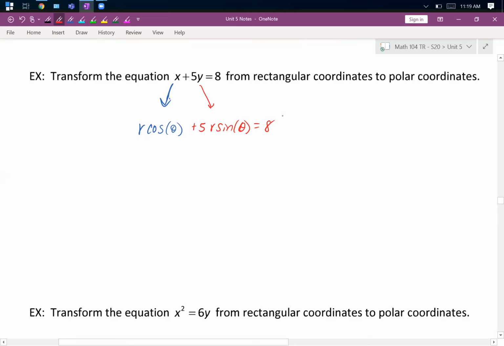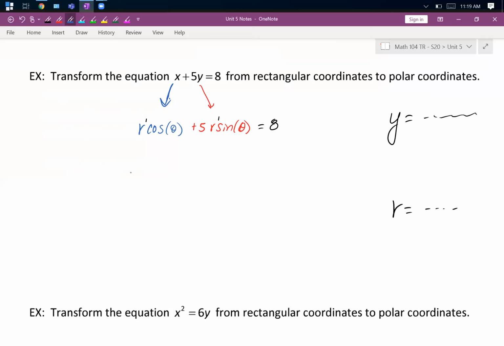And now we've gone from rectangular coordinates to polar coordinates. But we don't want to leave it quite like this. Just like with rectangular coordinates, we usually like it y equals whatever. With polar coordinates, we like our equations to be r equals whatever. So we do want to solve this equation for r. Notice that we have a linear r showing up in both of our terms.